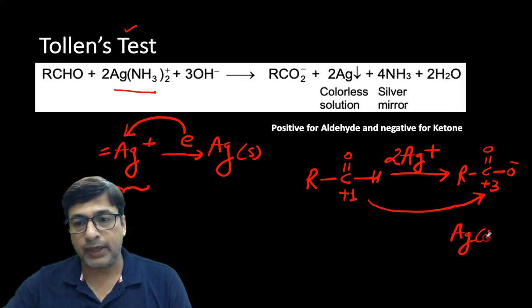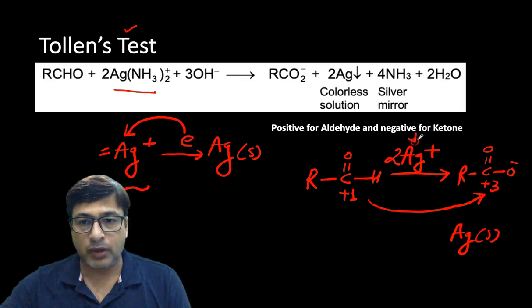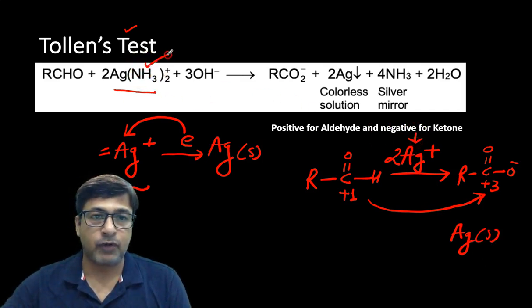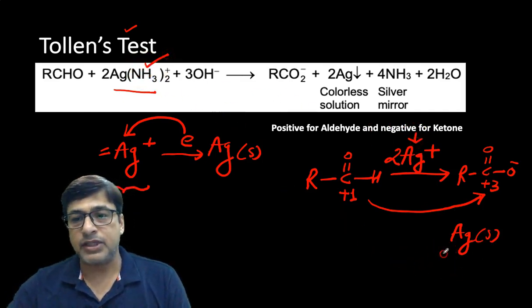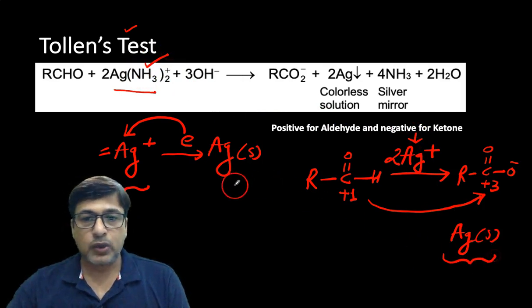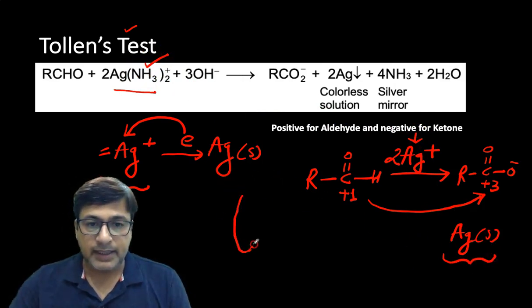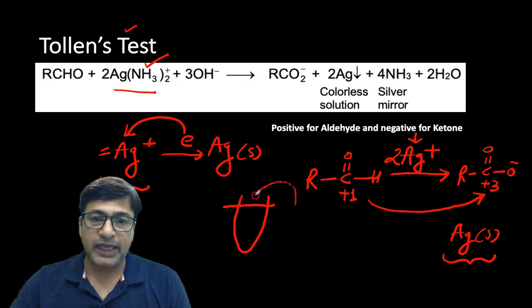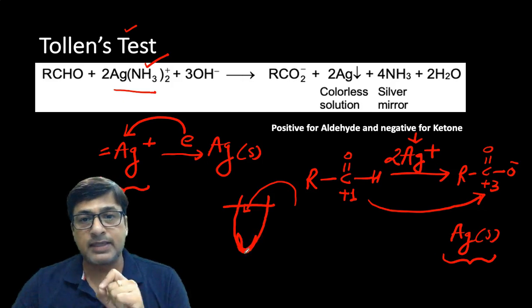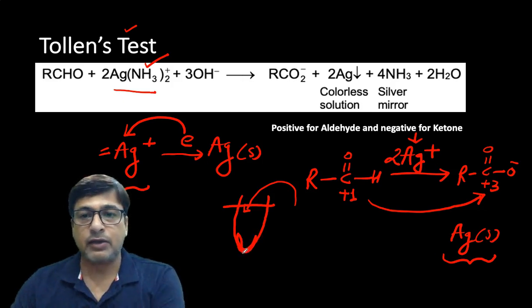And all of you know that Ag plus is soluble in water in presence of liquid ammonia because of the formation of this complex, whereas Ag solid is a precipitate. So if you take this test in a test tube which consists of aldehydic group and you put Ag plus, what happens? This Ag solid gets precipitated and forms a layer of silver. That's why it is known as silver mirror test, and it looks like this.